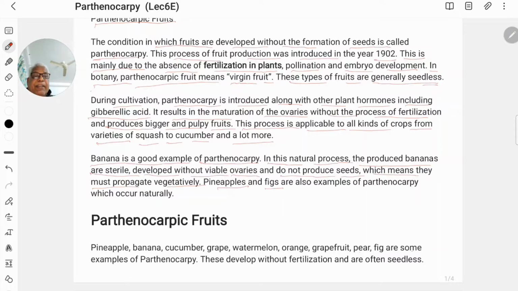Pineapples and figs are also examples of parthenocarpy which occur naturally. Now, parthenocarpic fruits like pineapple, banana, cucumber, grapes, watermelon, orange, grapefruit, pear, and fig are some examples of parthenocarpy.